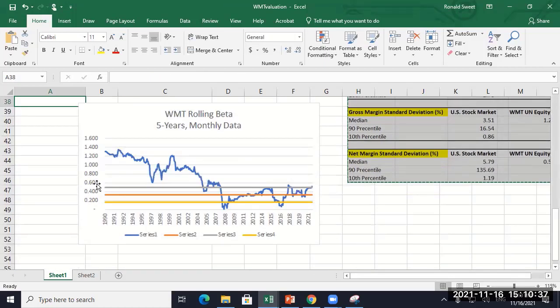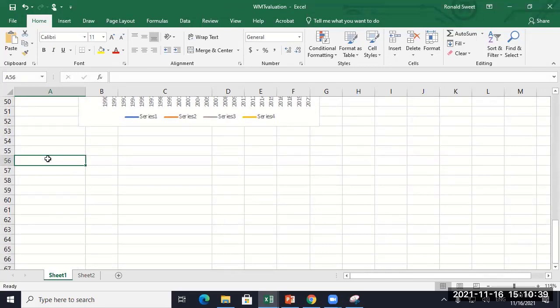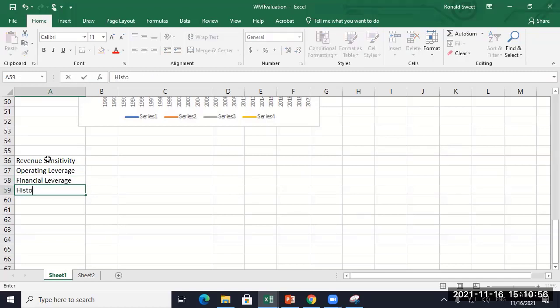All right, one thing you can do to really help yourself at the end of this, when you're doing the beta determination, is have those things up there: revenue sensitivity, operating leverage, financial leverage, history, and just talk on each one. So revenue sensitivity suggests 0.4 to 0.7, and you have some comment: definitely a defensive company.